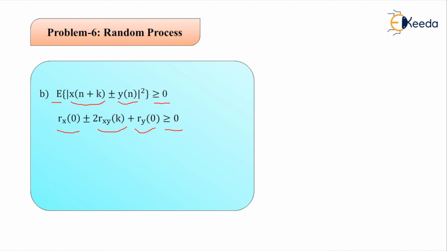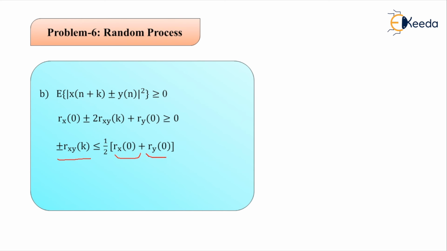Therefore from this equation, the first term Rx of 0 and the third term Ry of 0 can be shifted to the right hand side. The 2 from the middle term can also be shifted to the right hand side. The left hand side is then left with plus or minus the cross correlation R suffix xy of k, which is less than or equal to 1 by 2 times the square bracket that has the summation of Rx of 0 with Ry of 0.